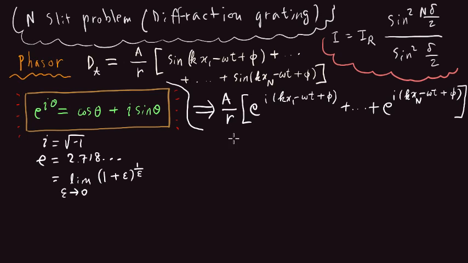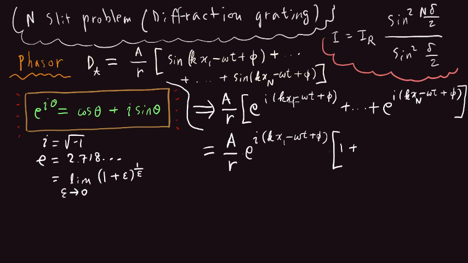Now let's look at this expression here. Because the exponential function is basically a power law function, you can factorize the first term here, and what is left inside the angular bracket? For the first term, of course, it's 1. For the second term, what we have is exponential i (k x2 minus omega t plus phi).